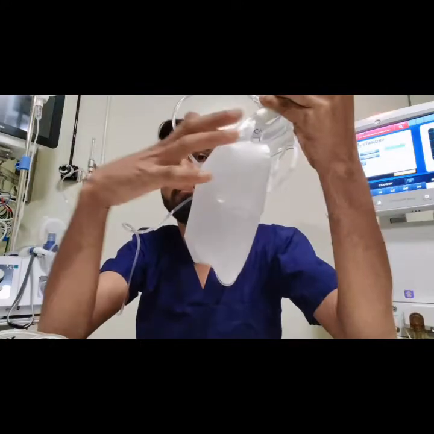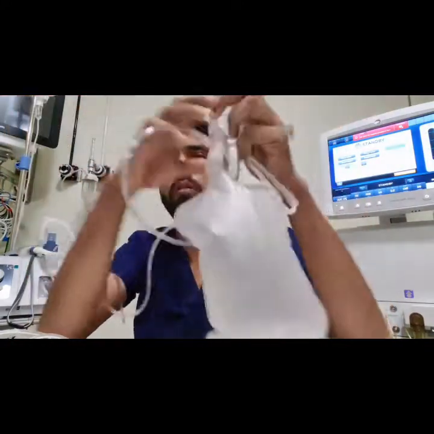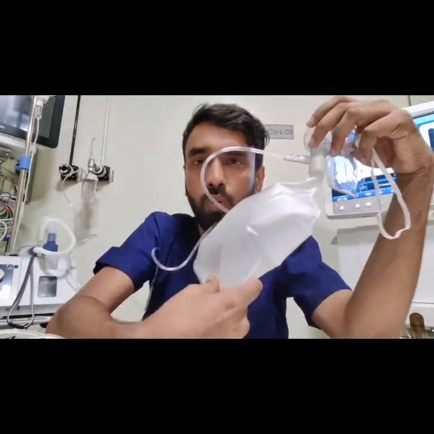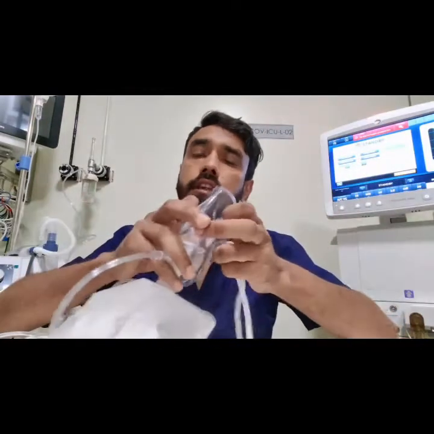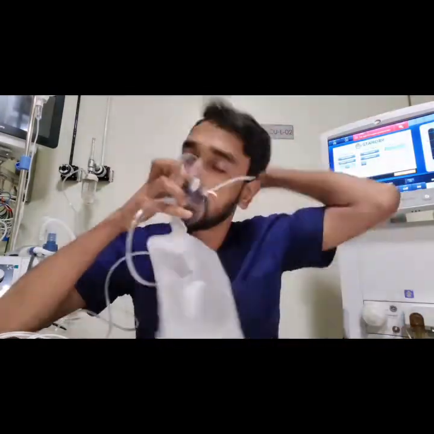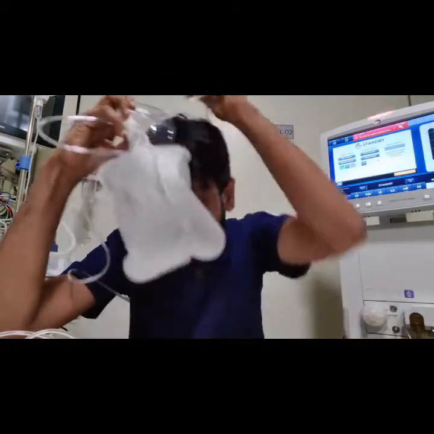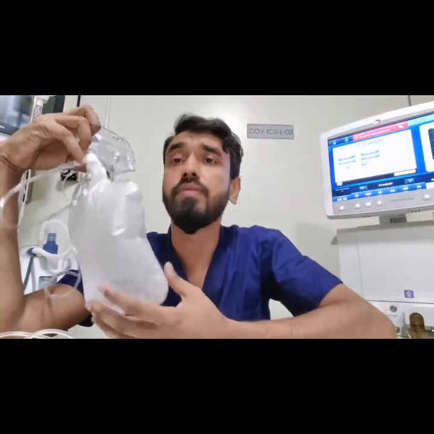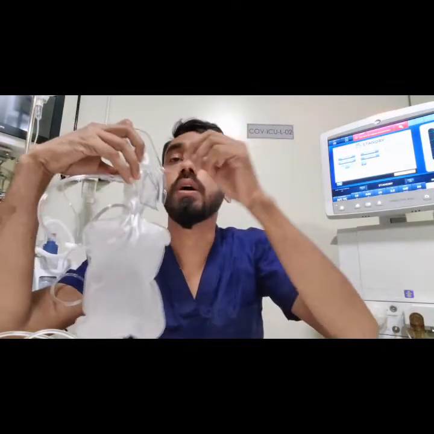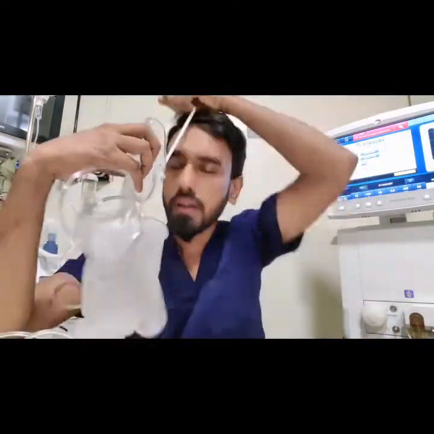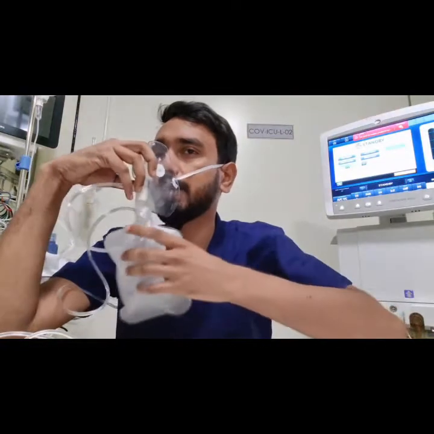At first, we inflate the balloon, then it is fixed to the patient. Then the balloon is filled with oxygen. That's why when the patient inhales, they take 100% oxygen.